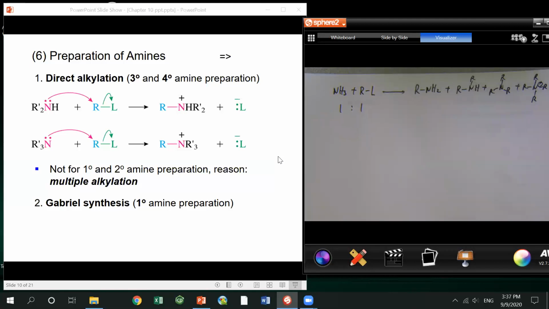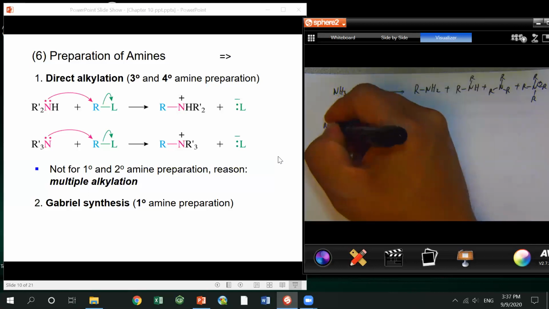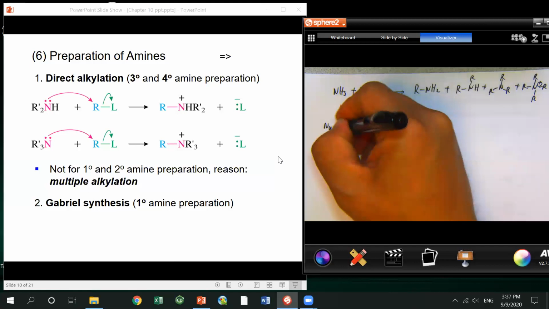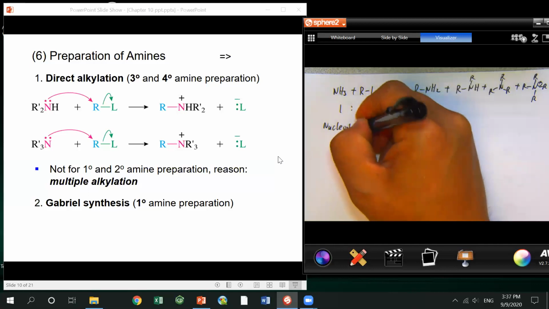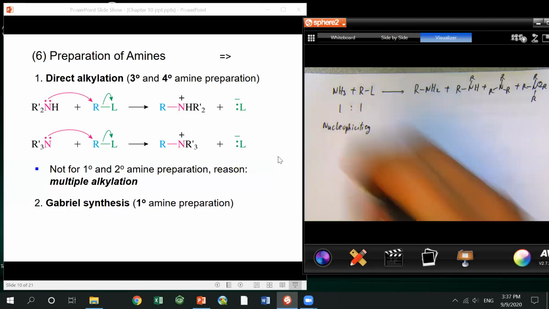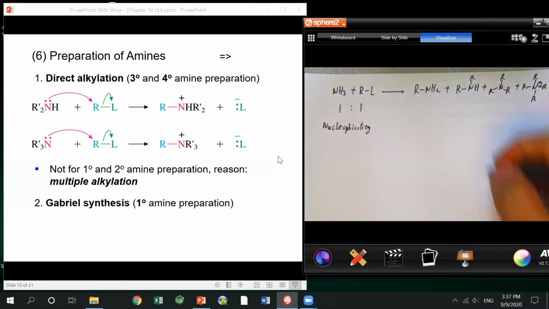So why is that? Because primary, secondary, tertiary and quaternary amines have different nucleophilicity, different strength of nucleophile, in this order.